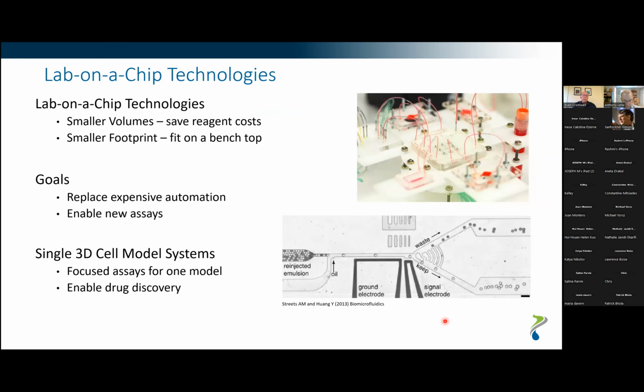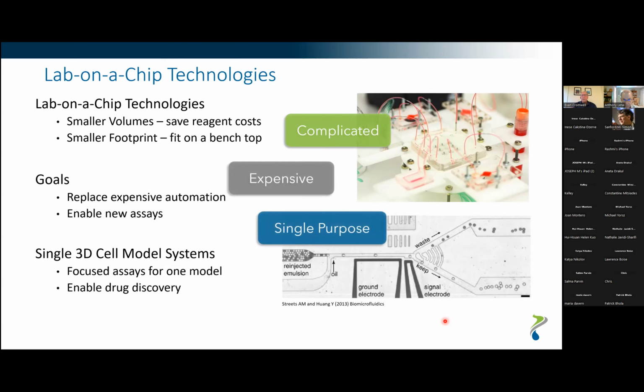Now, if you look at lab-on-chip technologies that have been developed for the past 20, 30 years, the promise has always been smaller volumes, smaller footprint, being able to do unique things that you can't really do in a multi-well dish, replacing expensive automation. But one of the issues has been that a lot of these are complicated to use. They can be very expensive, and a lot of them are single purpose.